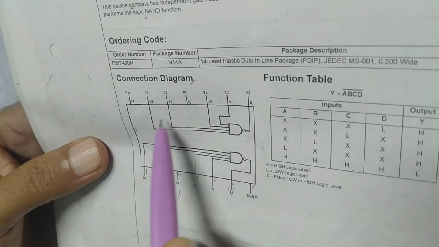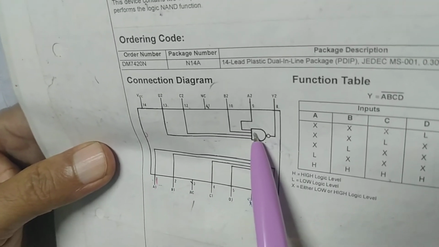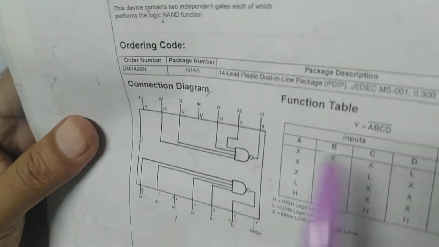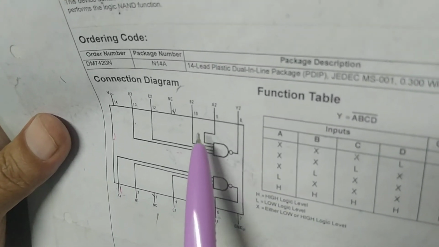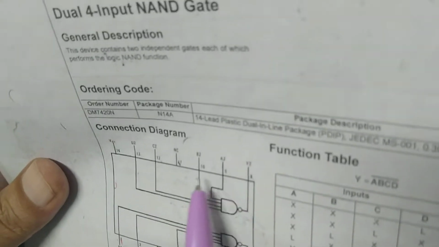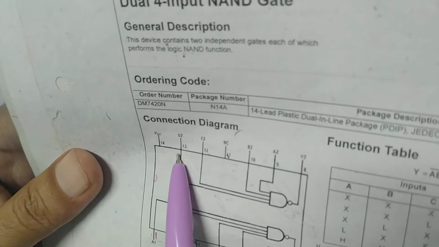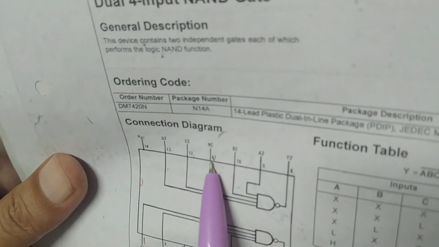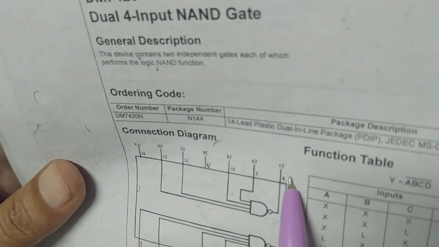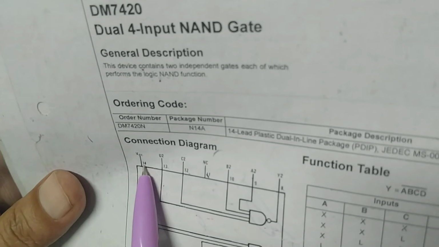In this one pack of the IC, there are 2 NAND gates. This is one NAND gate, this is another NAND gate. The next NAND gate has 4 inputs on this side, connected from terminals 9 to 13: 9, 10, 12 and 13. Whereas this 11 is not connected, it is a dummy terminal. Then 8 has the output. 14 is VCC.